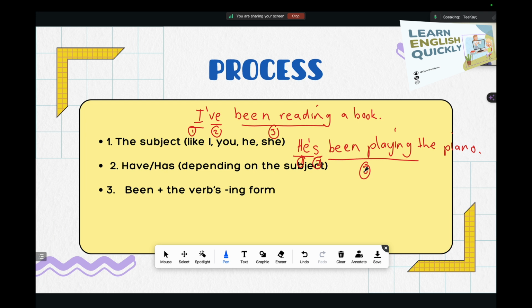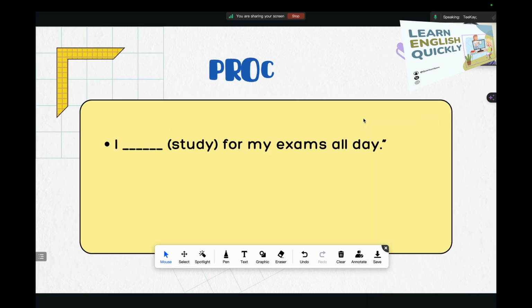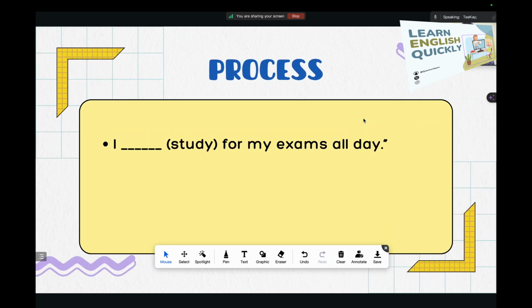So now let's get a bit more interactive. I'm going to give you a sentence or a couple of sentences, and I want you to try to fill in the blanks with the correct verb. So let's clean our board here, and now let's move on. We have this sentence: I blank for my exams all day.